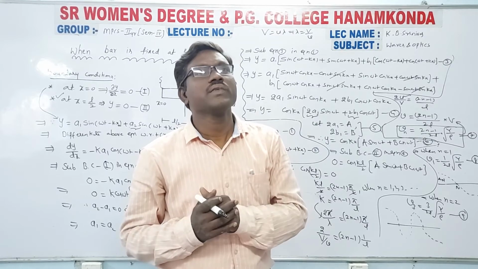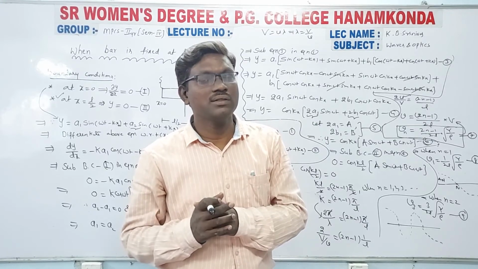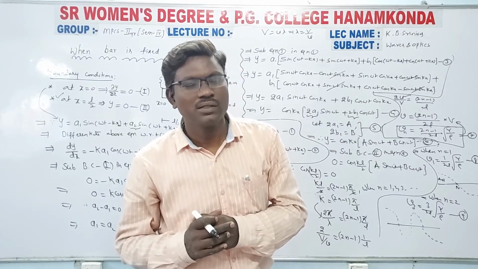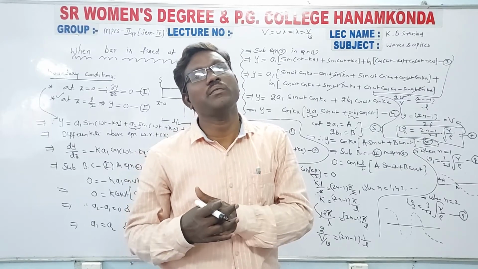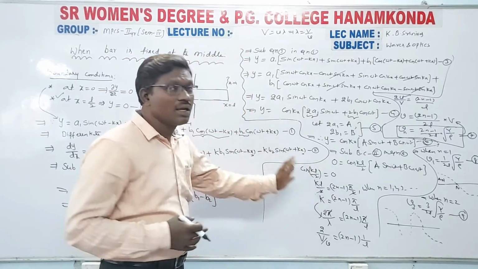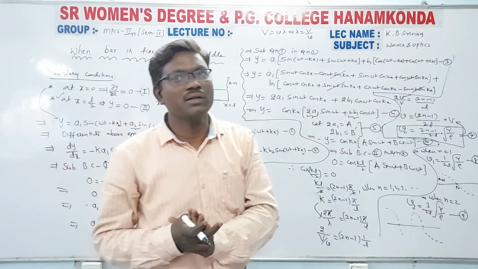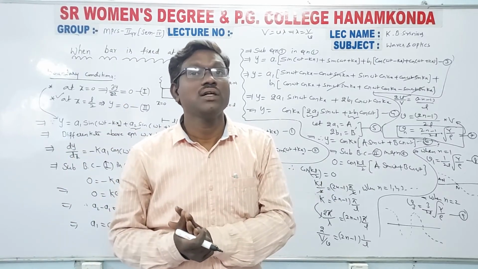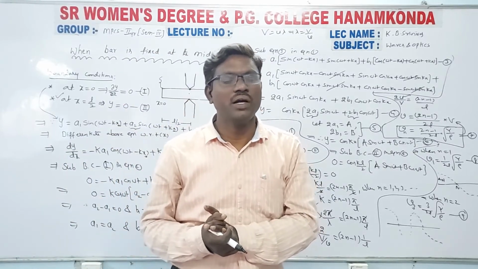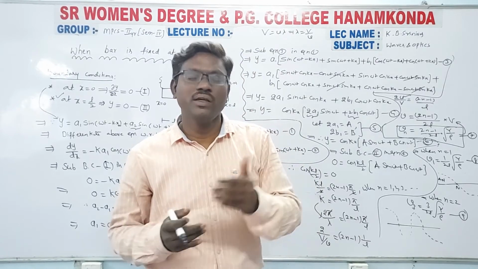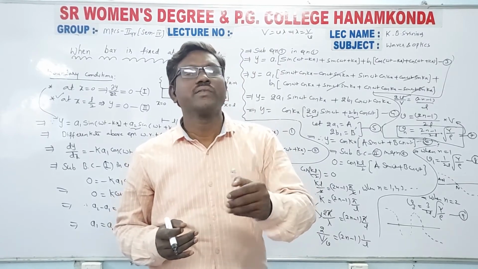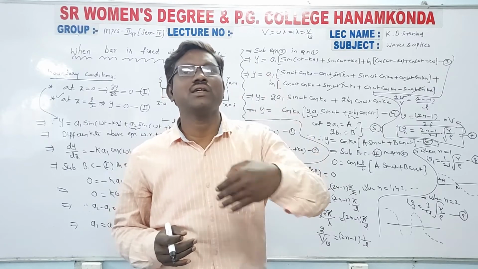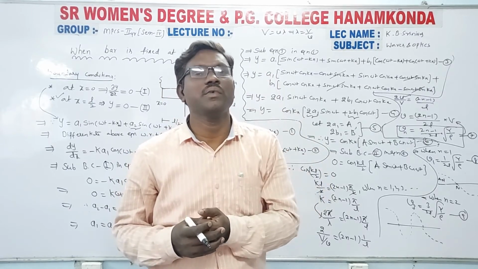And remember, in the last part, what is the last part of the bar? That is transverse vibrations in a bar. I have finished longitudinal vibrations in a bar. The last part of this unit is transverse vibrations in a bar. In that unit, we have to calculate the general equation for transverse vibrations in a bar.